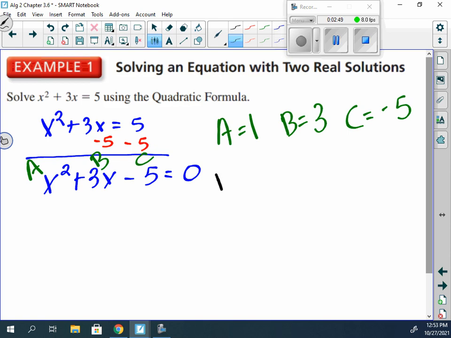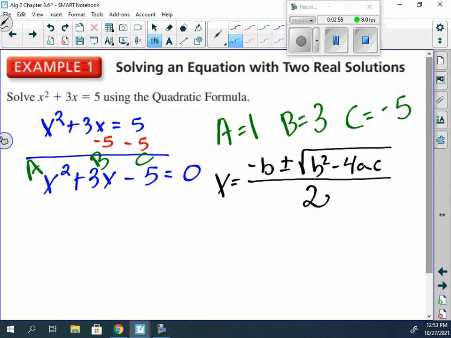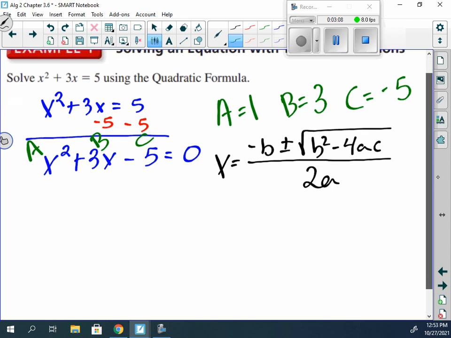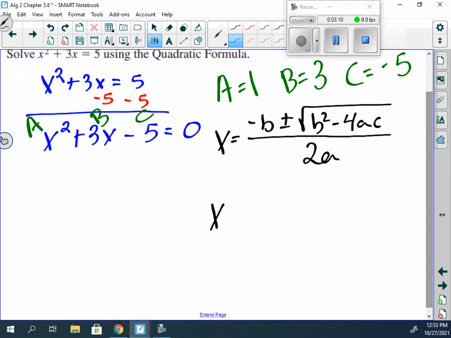Now the quadratic formula is x is equal to negative b plus or minus the square root of b squared minus 4ac all over 2a. This is the formula for the quadratic equation. Well, let's plug in our values. x is equal to, well, we have negative b.